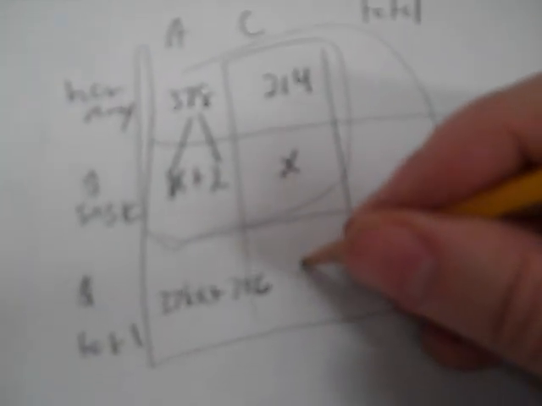Now, I need to use the distributive property here. So 378 times 1x is 378x, and 378 times 2, 756. Okay, and that's 214x. Now all you need to do is add your x's together.